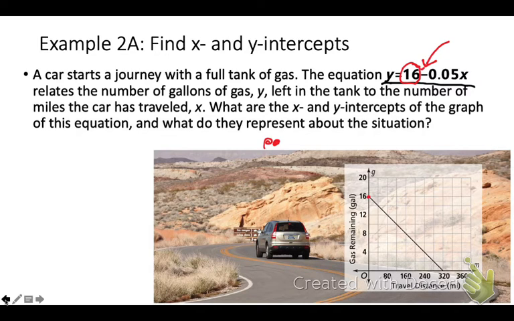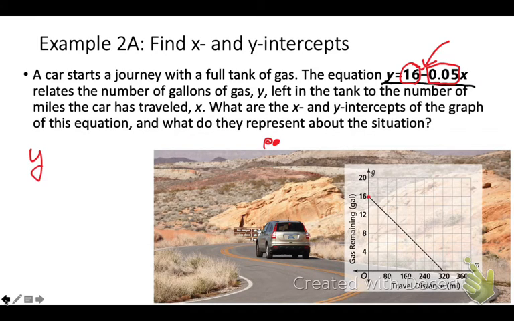What does 0.05 tell me in this equation? How much gas I'm using per mile. It's my rate of change, otherwise known as my slope.